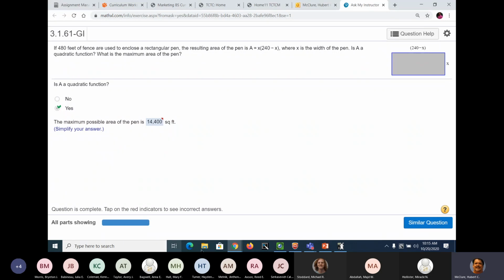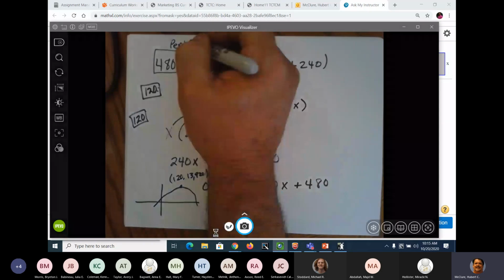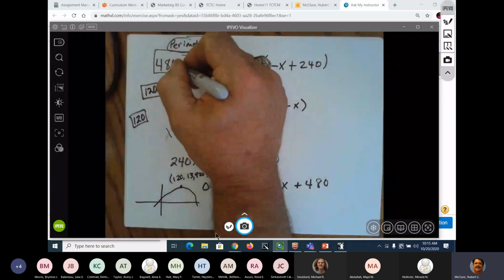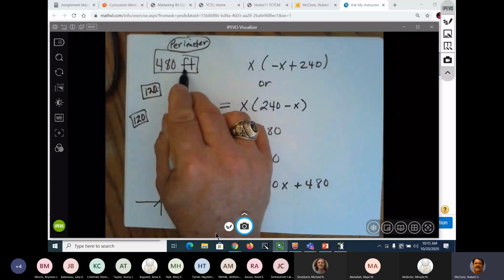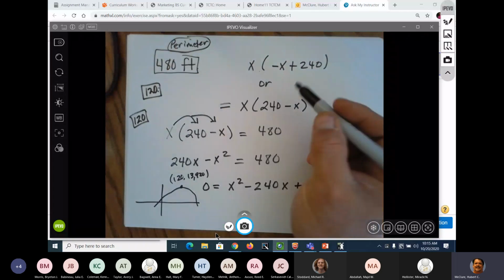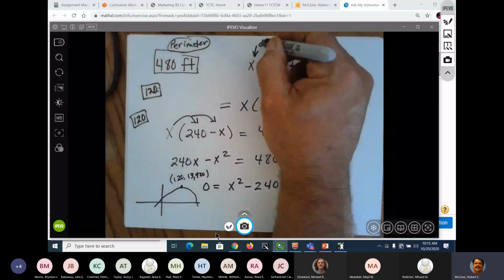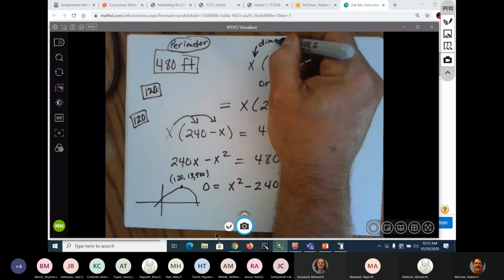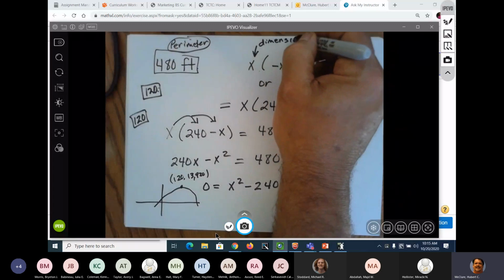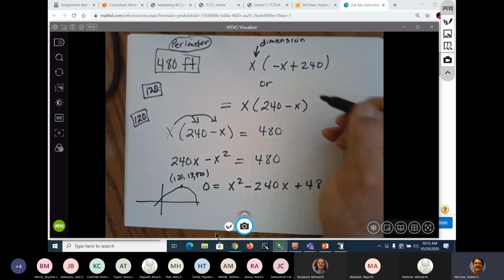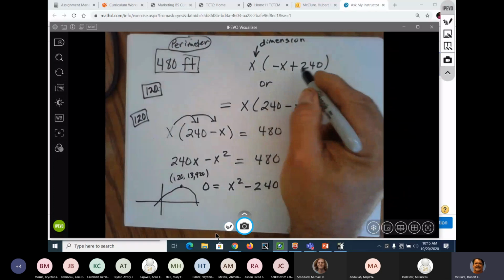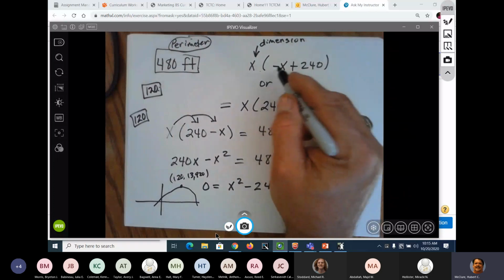Let me show you what I did. This is the perimeter of the fence. This is how much fencing you've got. So when you set that equal to this, you're getting an X dimension, a side. And the other one is negative X plus 240, but you come out with the same thing.